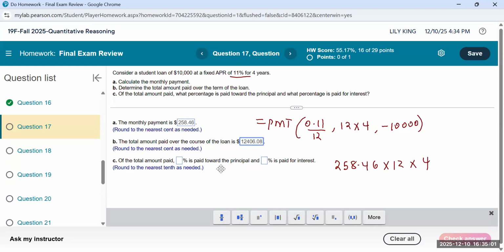And the percentage paid towards the principal of the total amount paid, what percentage is paid towards the principal? So you take the borrowed amount, which is the principal, divide that by your total payback, and then express that as a percent.